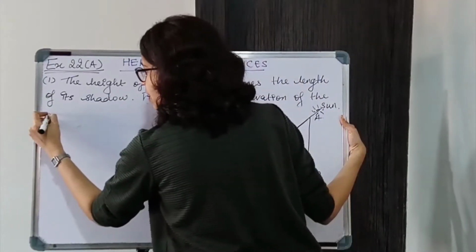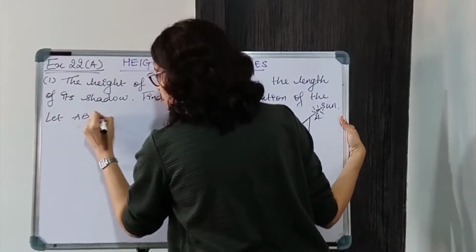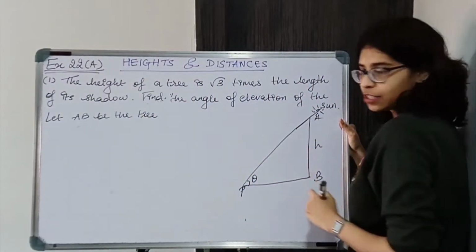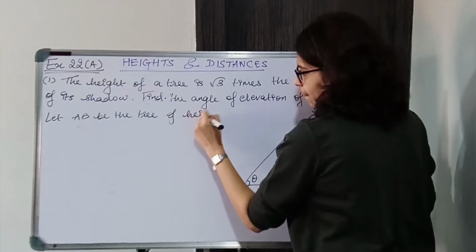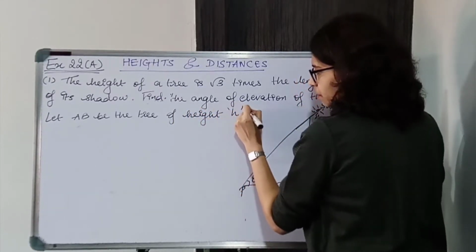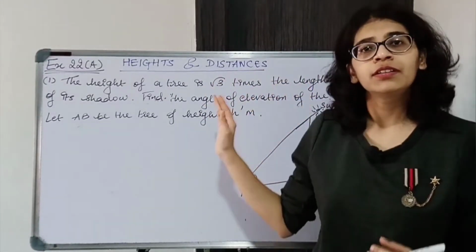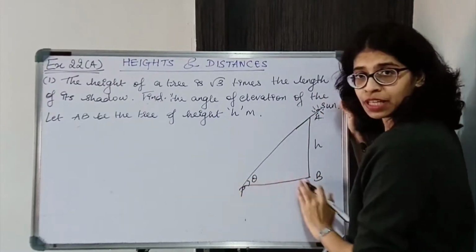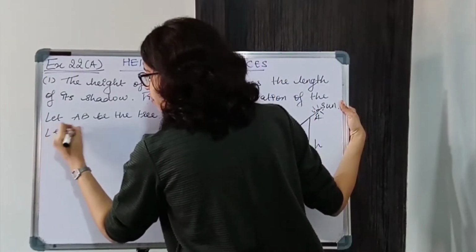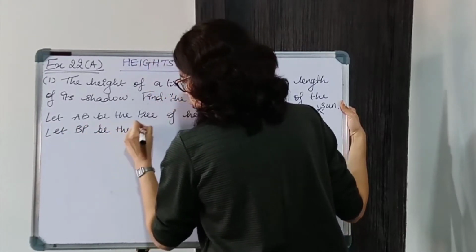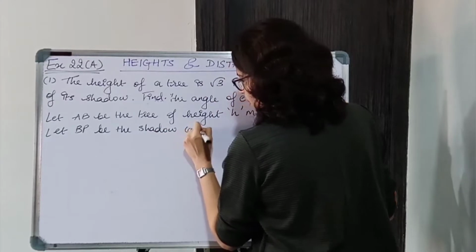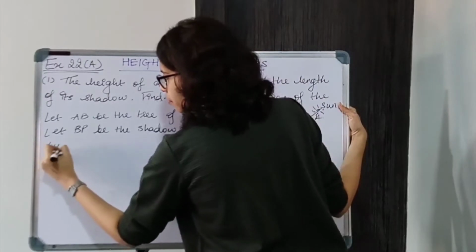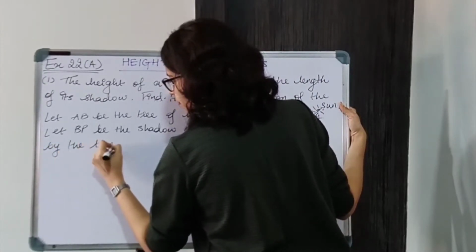Now let us write down the statement. Let AB be the tree of height h meters. Now we don't know the unit, I'm just assuming meters. Now BP is the shadow. Let BP be the shadow cast on the ground by the tree.